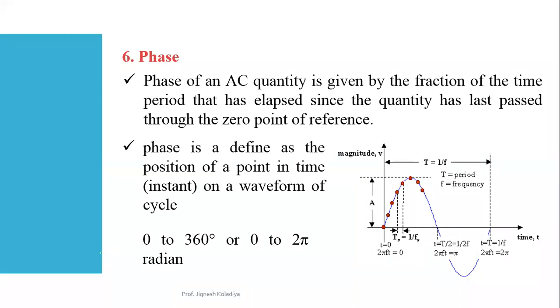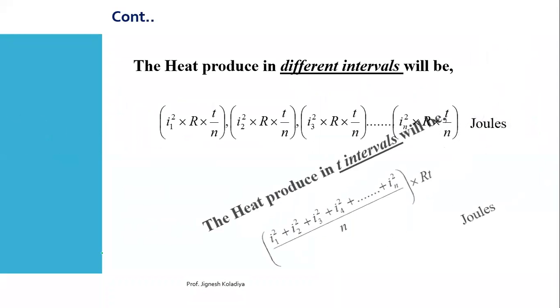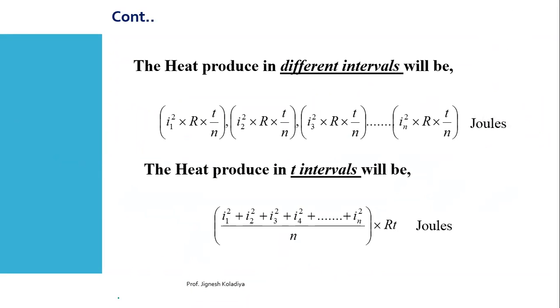So now you can just look at the previous theory over here. I am finding the total value of heat generation due to AC, but before that I have this small interval, and due to this, whatever energy is produced, heat is produced, that we are going to sum up over here.